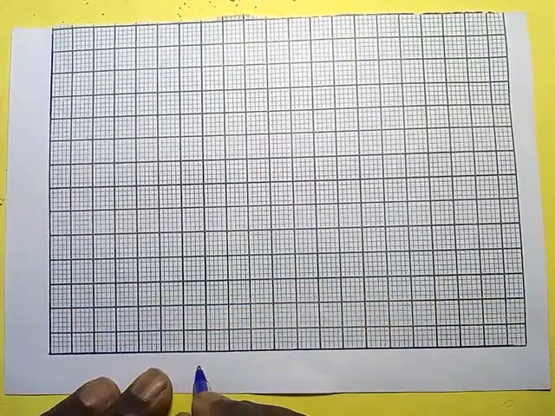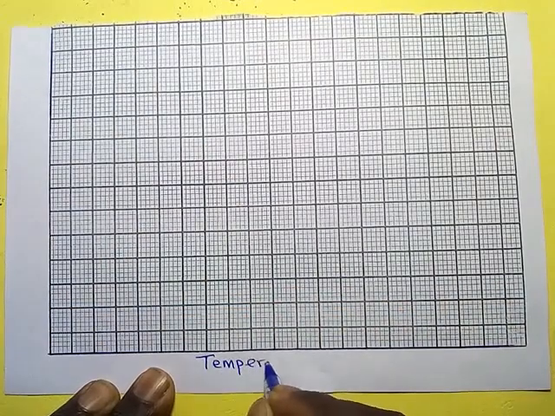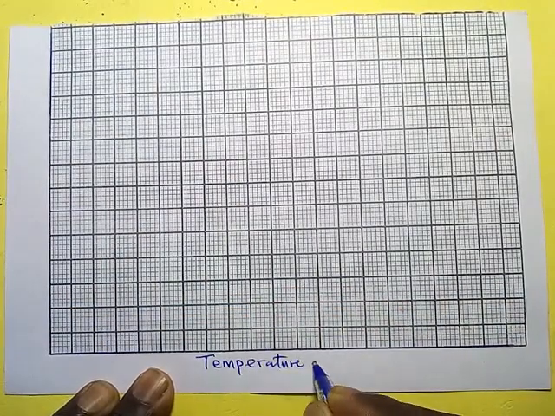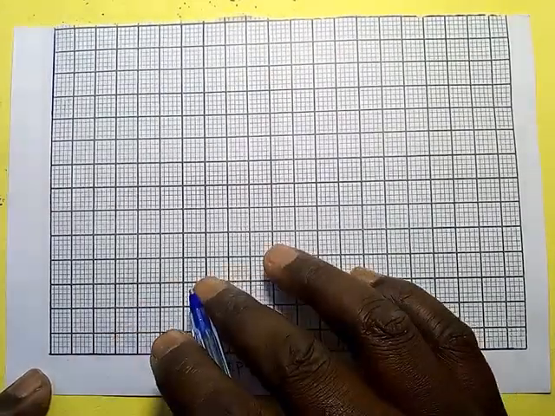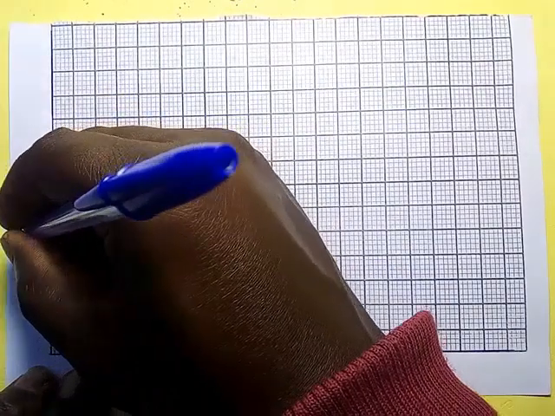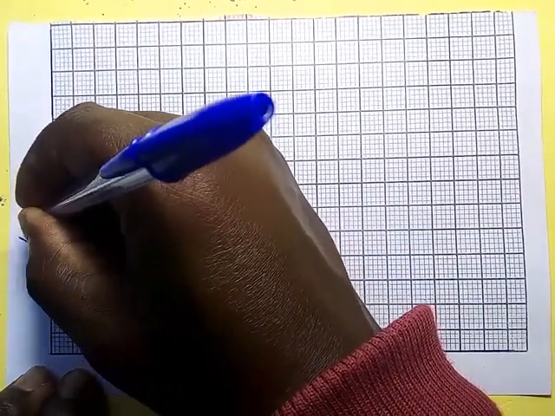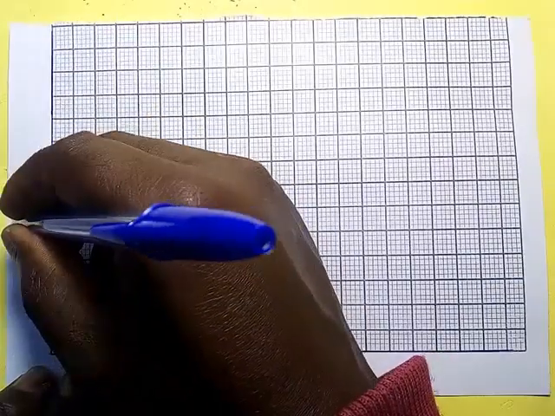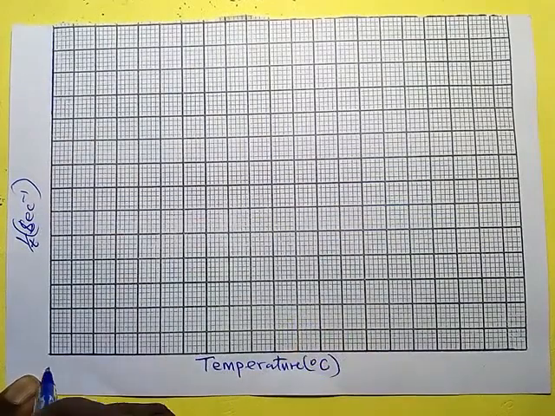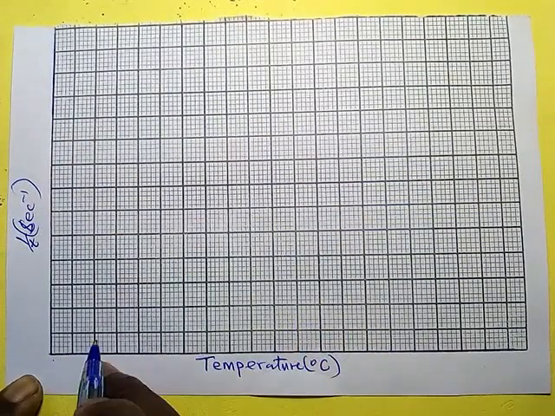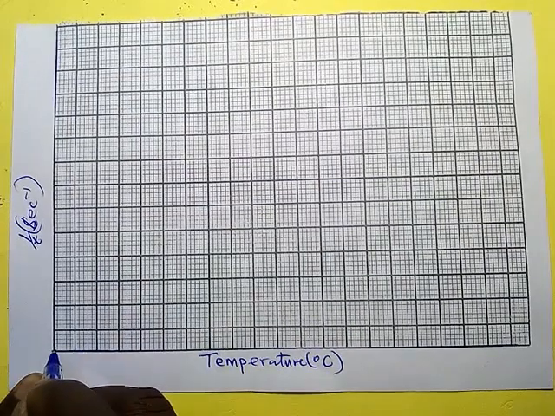The first thing now, this is temperature in degrees Celsius, and this one is 1 over t, seconds per second. Because our temperature begins at 40, we can break this graph.